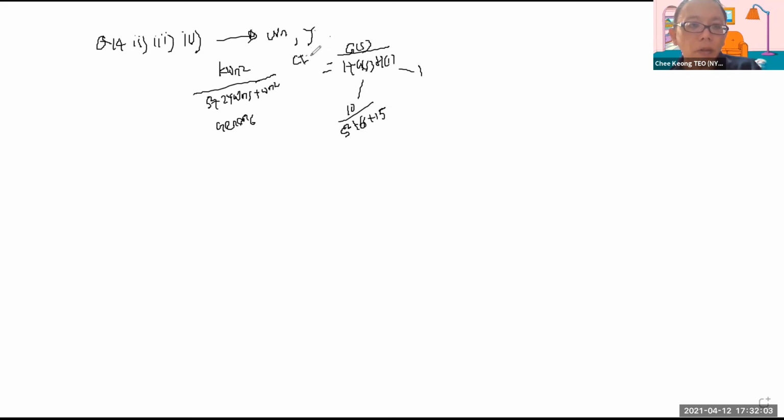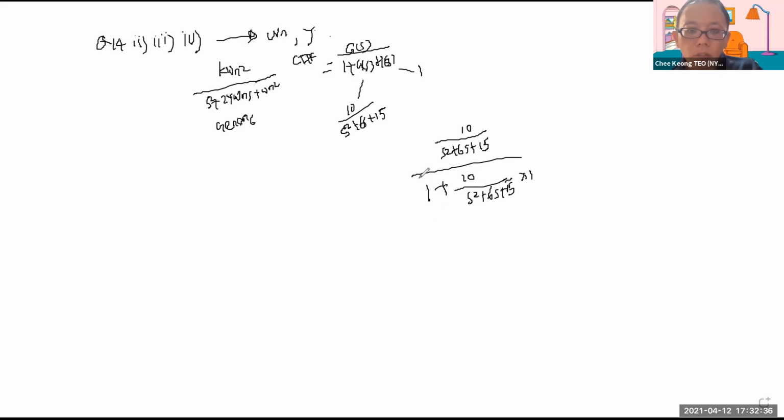So I take the numerator, 10 over s squared plus 6s plus 15, and divide by 1 plus 10 over s squared plus 6s plus 15. Multiplying by H of s, which is 1, means no modification. So you have to convert this to the same denominator.